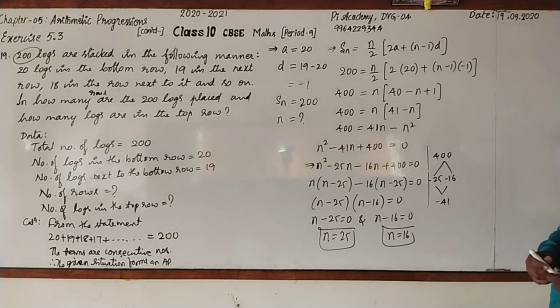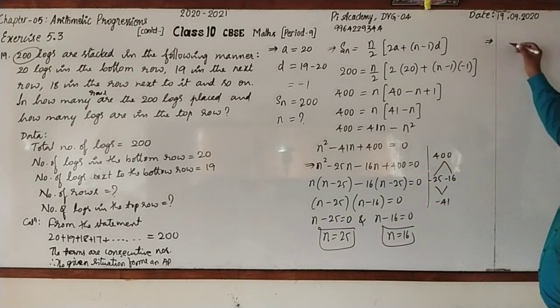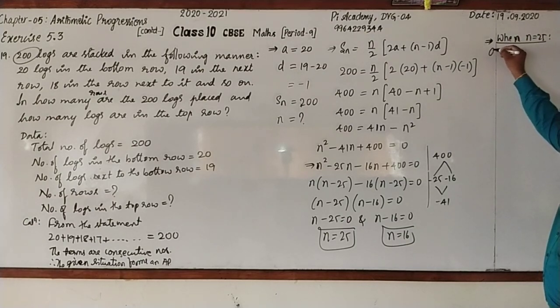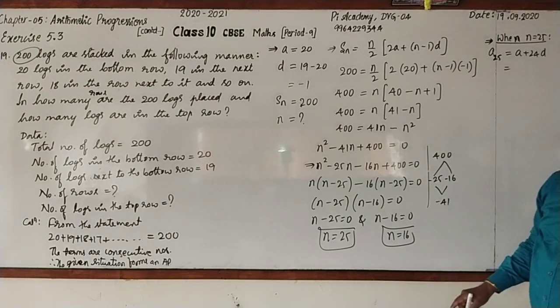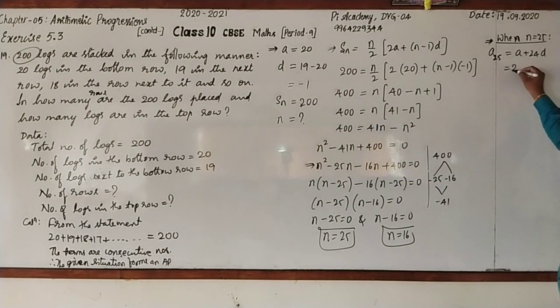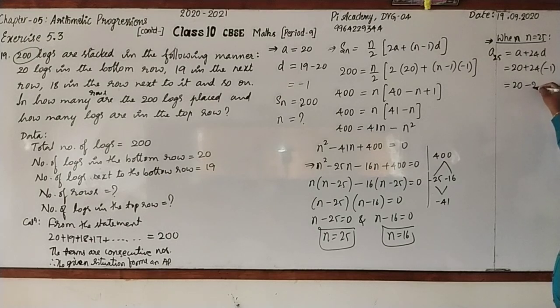So let us go for finding that. Here I'll write. When n equals 25, observe it. Here A25 will be the top row, right? It can be written as A plus 24 into d. What is A? A is 20, plus 24 into d. Common difference is minus 1. It is 20 minus 24, which is minus 4.